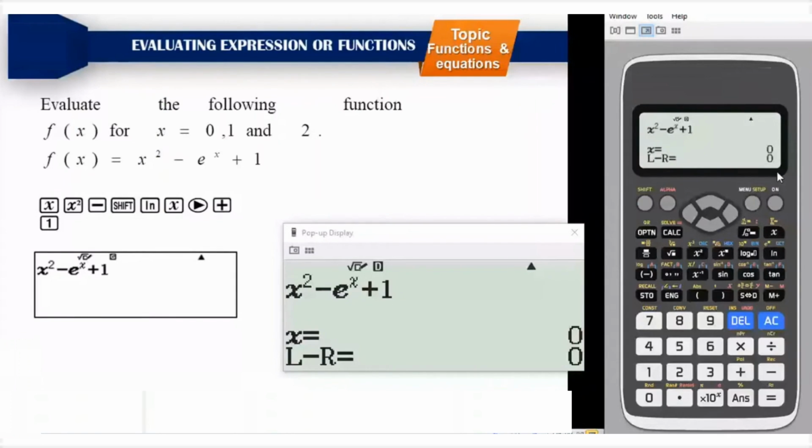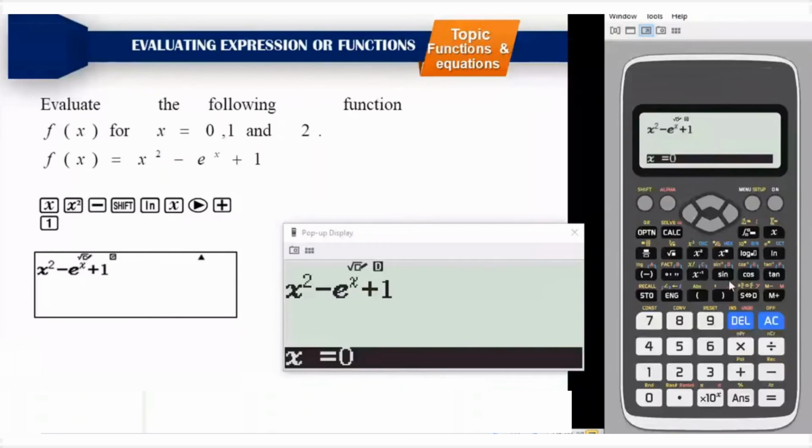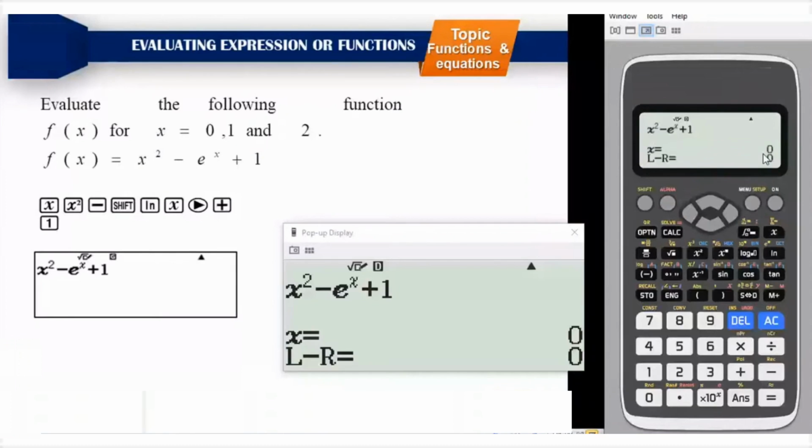So the next part of the question is x is 1. So now I will replace x with 1. I will write 1 and press equals to. When I press equals to for the first time, the value of x is stored as 1. And now when I press equals to, the answer that I am obtaining is x is 0, L minus R is 0.